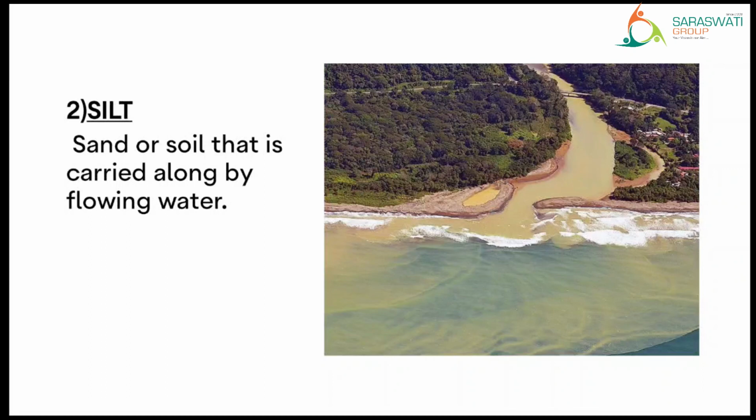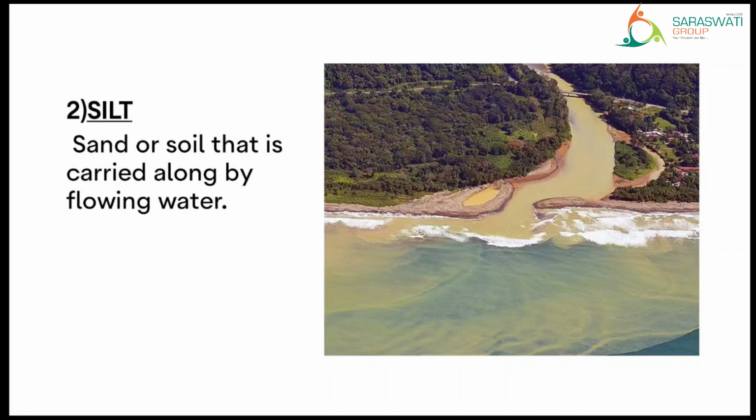When the water flows, this silt, that is small dust particles, they mix up into the water and flow with the water. And then near the river banks, you can see red color soil or clay. Can you see that? Yes, that is nothing but silt which is deposited there.